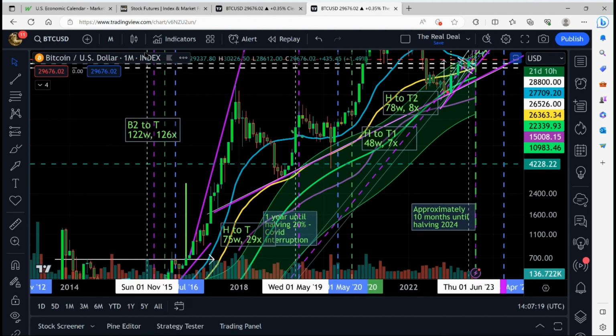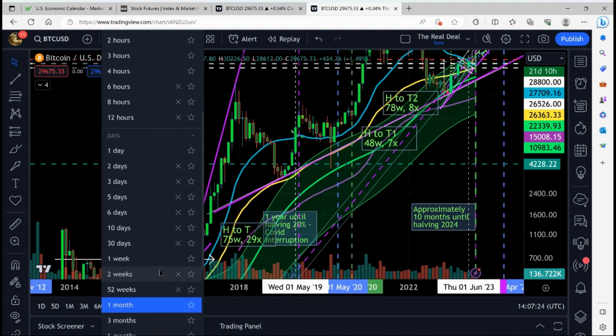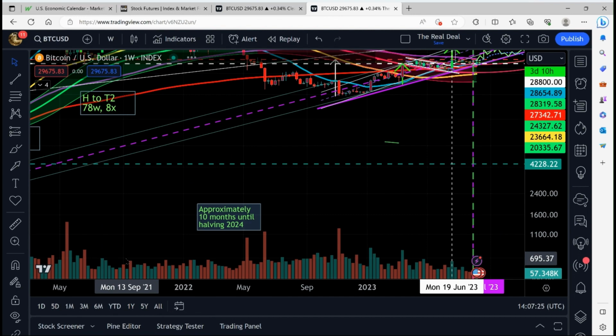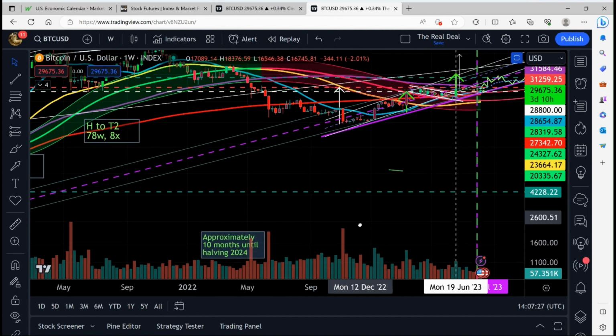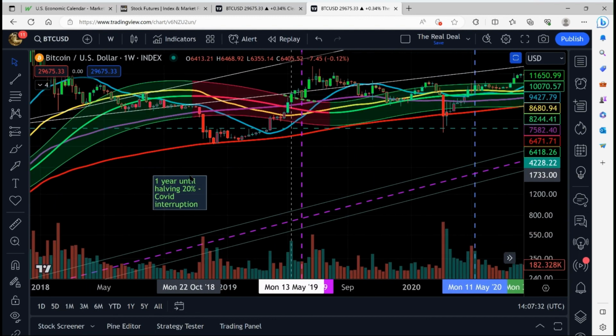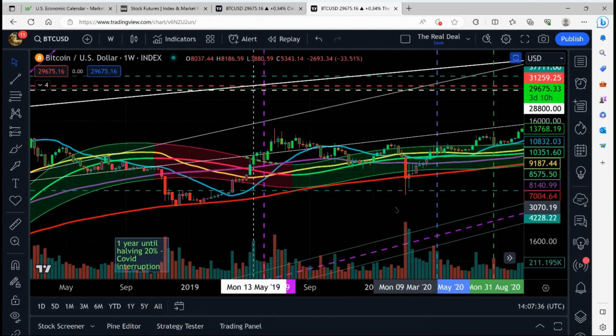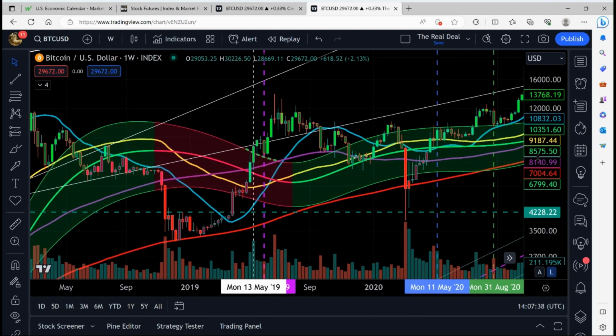Now let's go back to where we were. On the weekly, we moved all the way back up to 2022. Back here we were, and I'm not going to spend a lot of time here because it was jacked up.